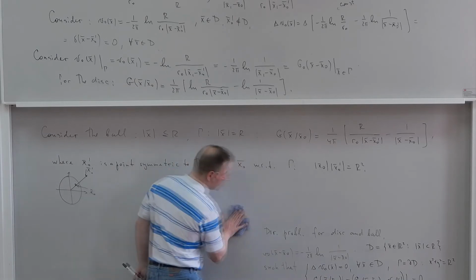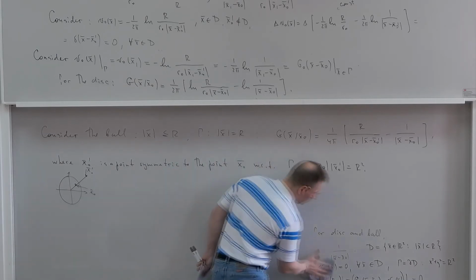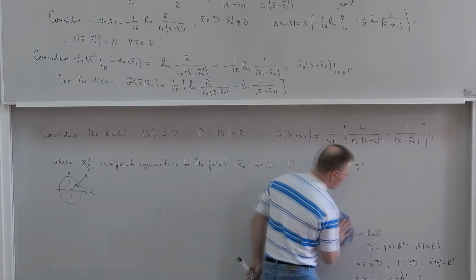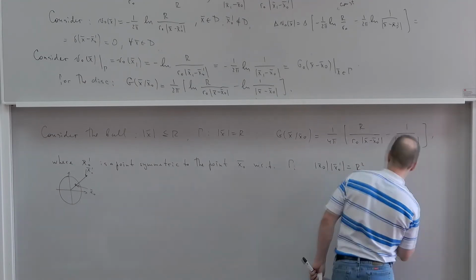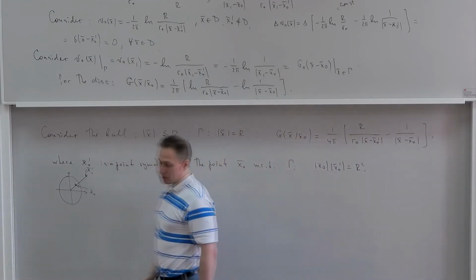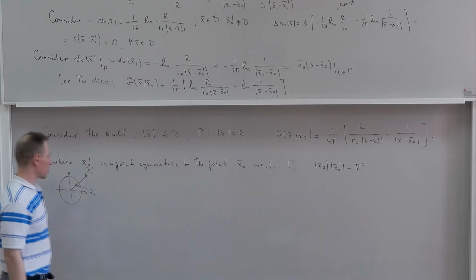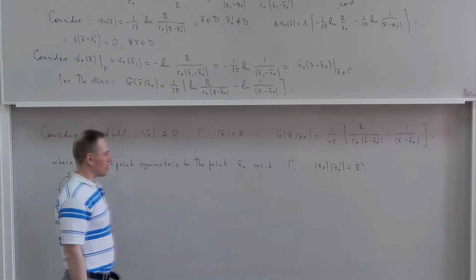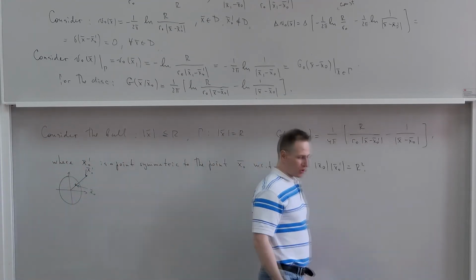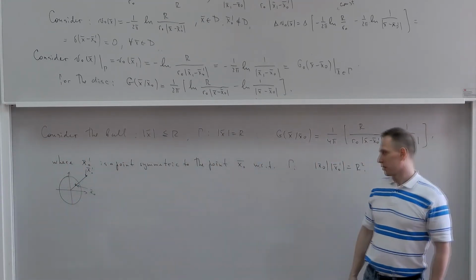And in fact, of course, in the course of general physics, you know such a method as an image method for construction of solutions of some problems in electrostatics by using the images of the charges in the conductors.